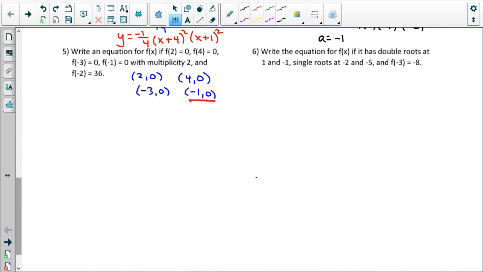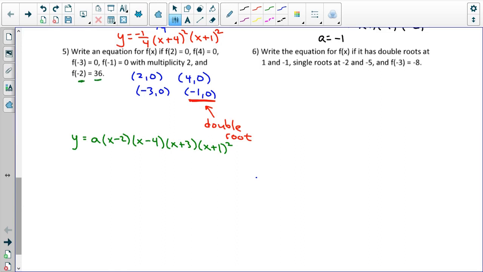This one has multiplicity 2, which is another code word for double root. So I'm going to write down my equation. Y equals a times x minus 2 times x minus 4 times x plus 3 times x plus 1 squared.